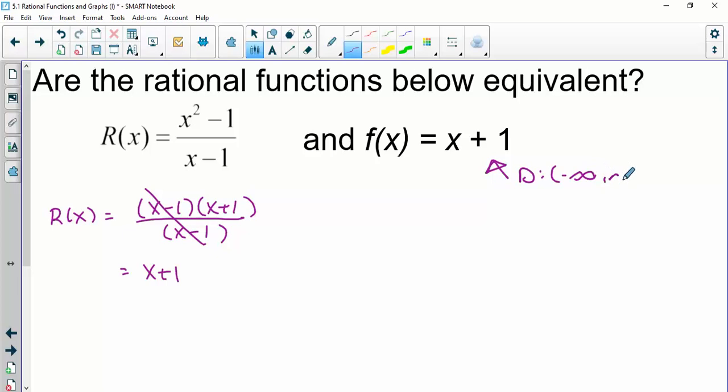What is the domain of this one? Right, it's a polynomial, so x can be anything. What is the domain of this one? Okay, why? Denominator can't equal 0. Okay, so do we still think they're the same?